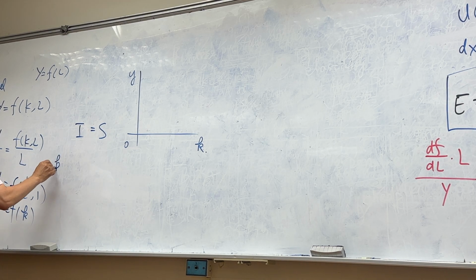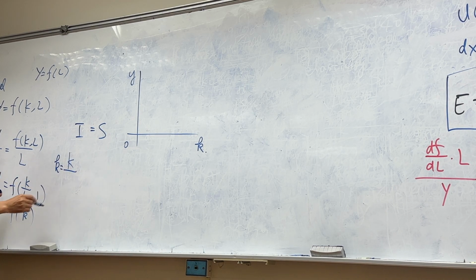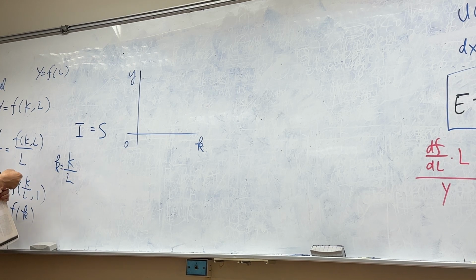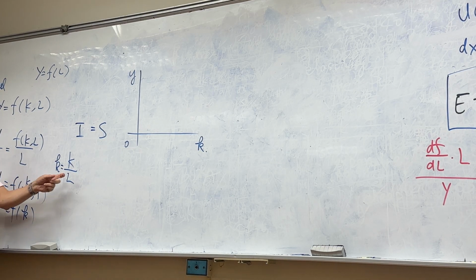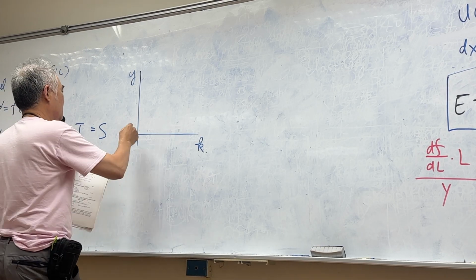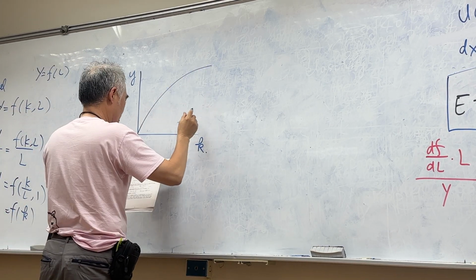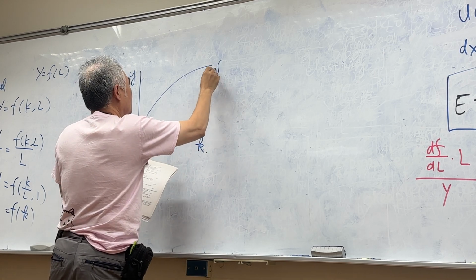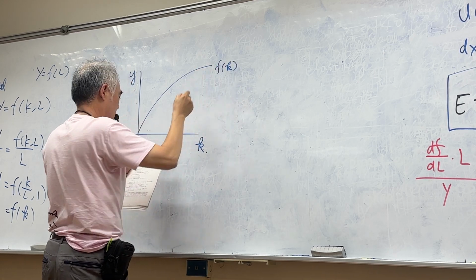Little k is equal to big K divided by L. It means per person capital. And this is the production function, so it is F(k).